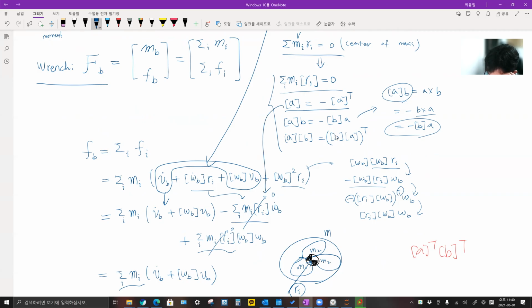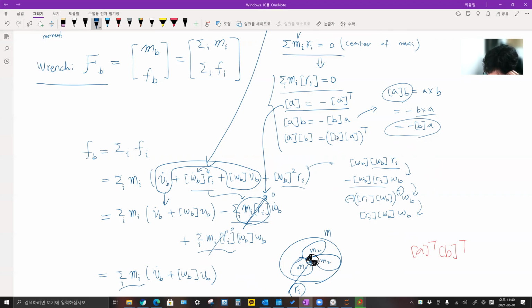If you're using this relationship, these two things change position, and because this one is 0, this term is equal to 0. And about this term, we use this calculation.